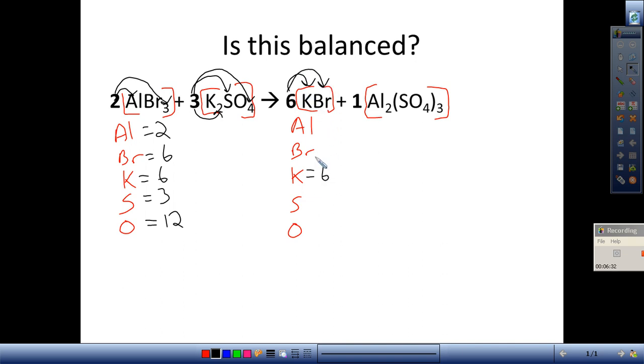I have 6 Brs. Over here it's just times 1, so nothing changes. So Al, I have 2. My 3 gets multiplied by S. And my 3 times my 4 O's. Okay, and I can just visually compare right to left. Clearly I have the same thing. So yes, this equation is balanced.